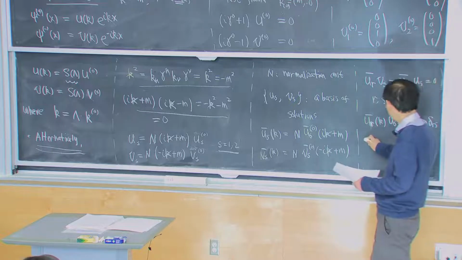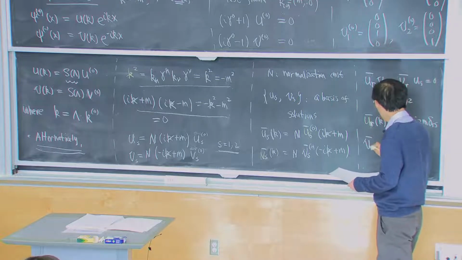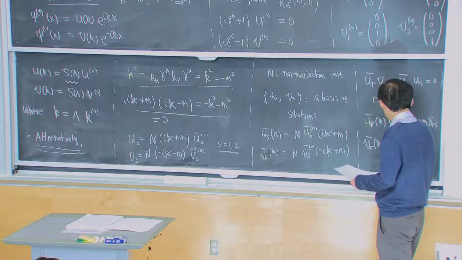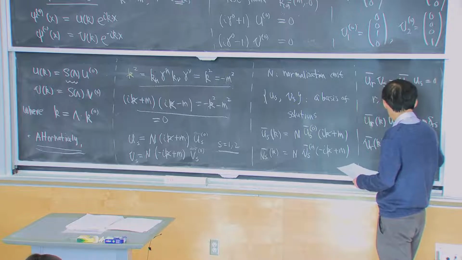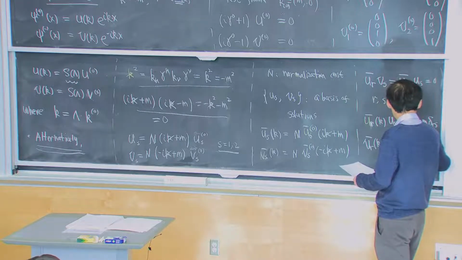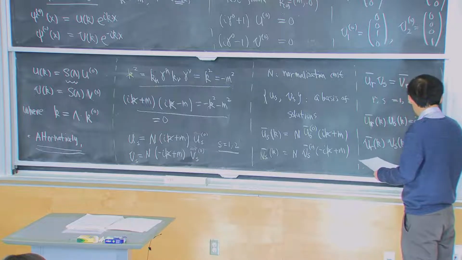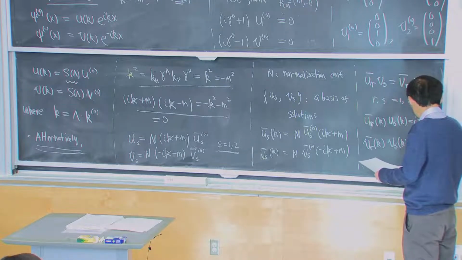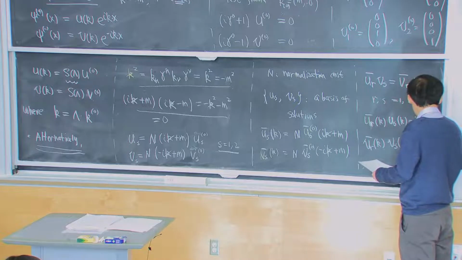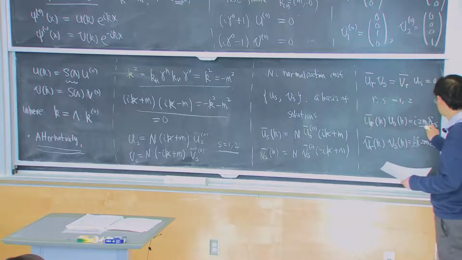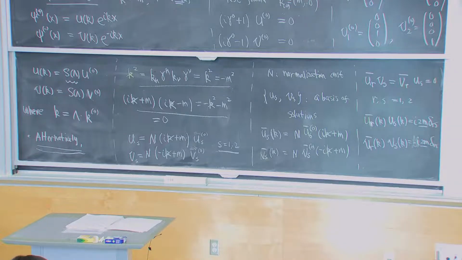And similarly, V_r bar(K) V_s(K) equals minus 2m delta_rs. Okay, so this 2m is just a convention for convenience.